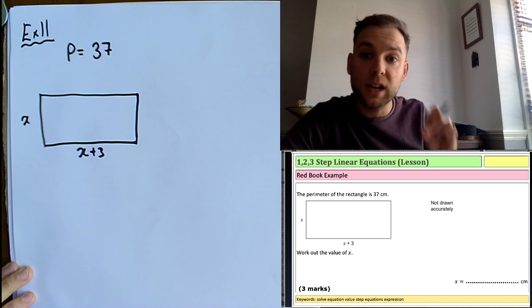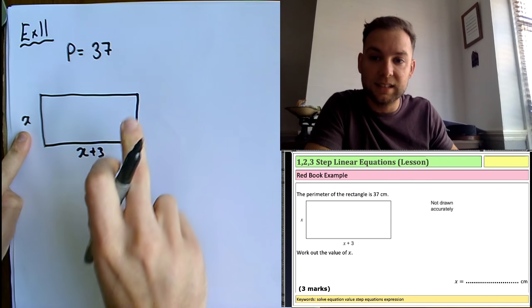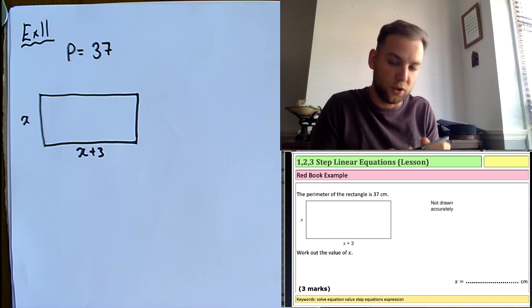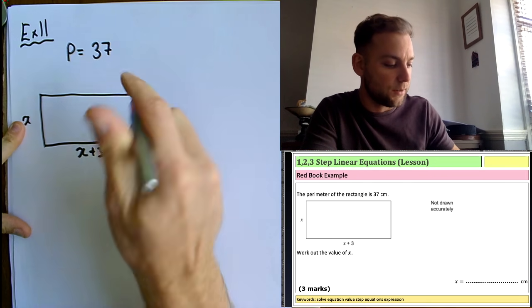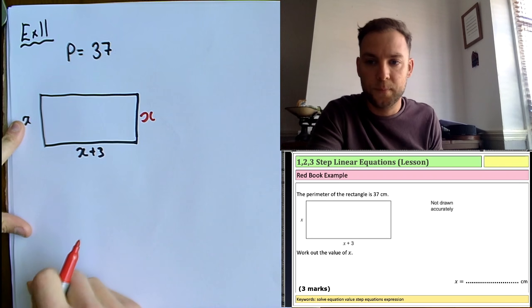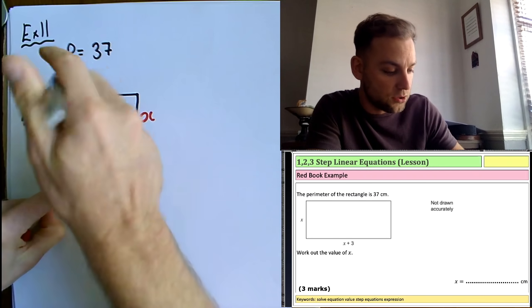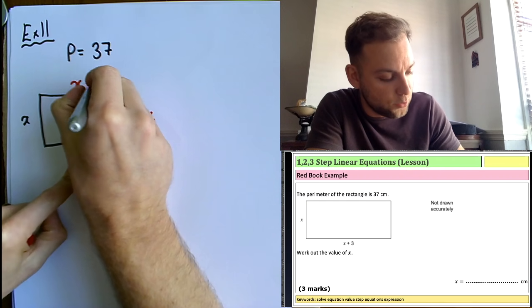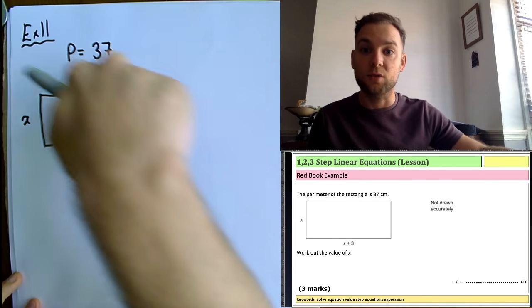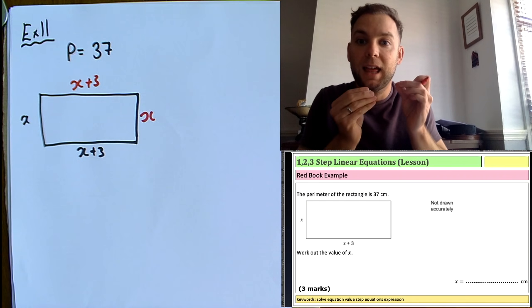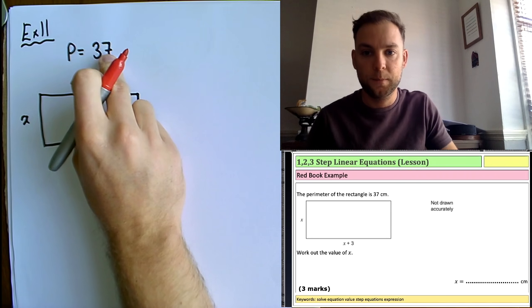So straight away, because I know it's a rectangle, I know that this side is the same as this side. I'll do this in a different colour so you can see what steps I've taken. So this side is the same as this side, so I know that this is equal to x. I know that this bottom is the same as the top, so this is equal to x plus 3. And it's telling me that this distance around the outside is equal to 37.